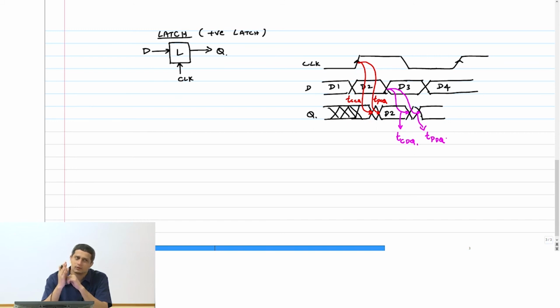Basically, that sequential element is going opaque at that point. Data cannot go through from input to output. It's going to hold the state. That's what it means. So what is the sampling edge for a positive latch? If it's a positive latch, data can go through when the clock is high. So at what edge does it sample the data?